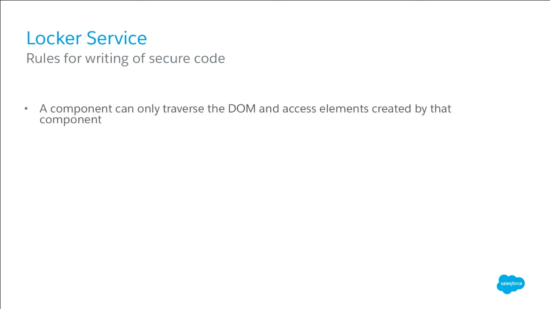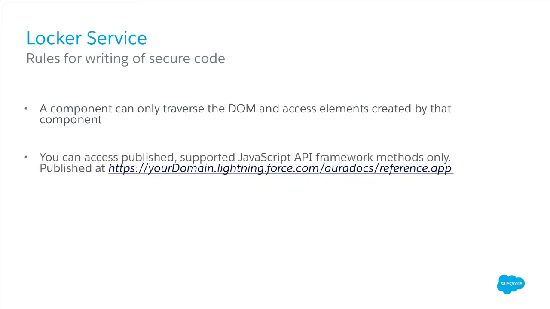The first rule is a component can only traverse the DOM and access only elements created by that component. You can't really reach to another component. That's one rule which will be enforced when Locker Service is enabled. Another is you can only use published JavaScript APIs. Examples of JavaScript APIs are createComponent or $A.util.